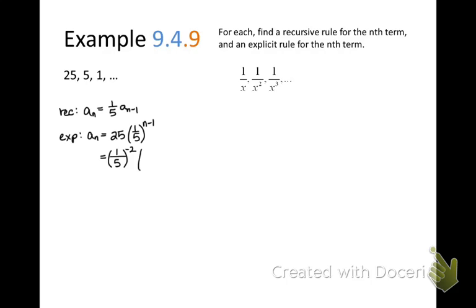Because if you have two numbers that are the same with powers, what can you do? Combine them through addition, right? So I can write that as 1/5 to the n minus 3 instead, right? And that's a little bit cleaner. Yes, if you can, you should. Any questions on that?